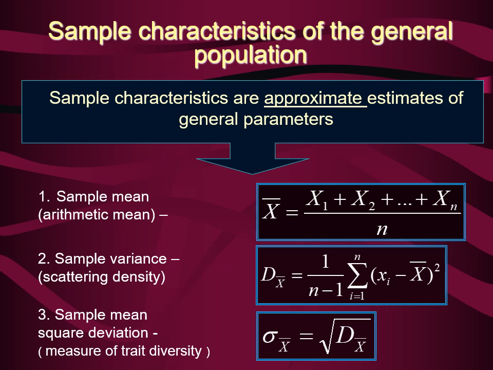Write down the sample characteristics, and remember, of course, they are approximate characteristics. In other words, all the estimates that we get using the sample will always deviate from the estimates of the general population.